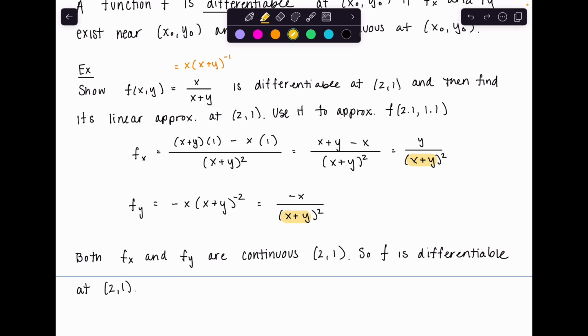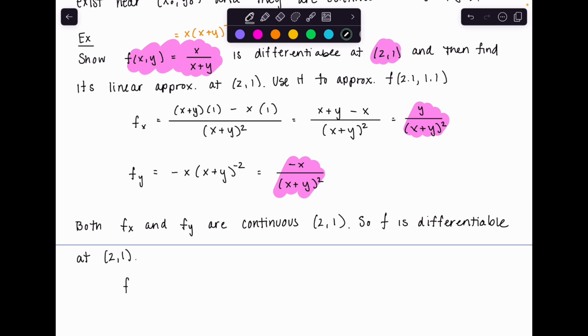Now I want to find the linear approximation, but this has already set me up for that, because I've got to evaluate both of these at (2, 1), and I also need to find my z value at (2, 1).